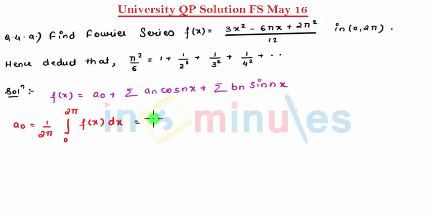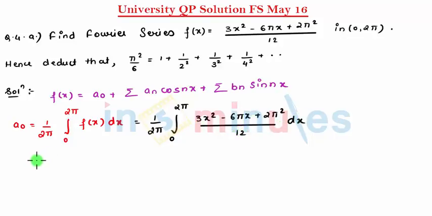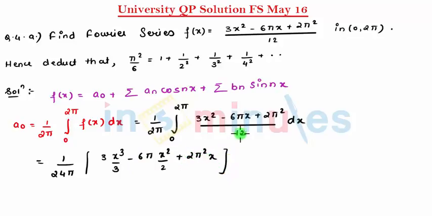So now we can say 1 upon 2 pi, 0 to 2 pi, the function is 3x square minus 6 pi x plus 2 pi square, and the whole gets divided by 12, into dx, which we can write as 1 upon 24 pi, and the integration will be 3x cubed by 3 minus 6 pi x square by 2 plus 2 pi square into x, where upper limit is 2 pi, lower limit is 0.